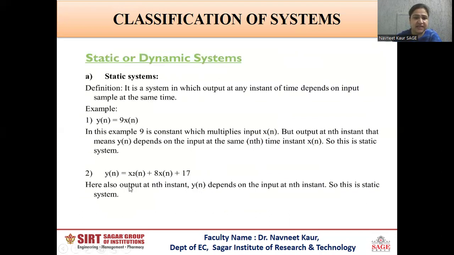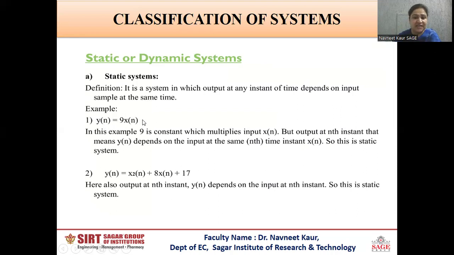Now next is static or dynamic system. Any system in which output at any instant of time depends on input samples at the same time is called a static system. Now say this example, y(n) is equal to 9x(n). Here, output at the present instant n depends on the present input.